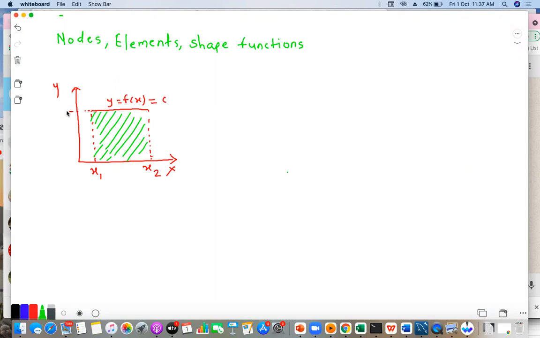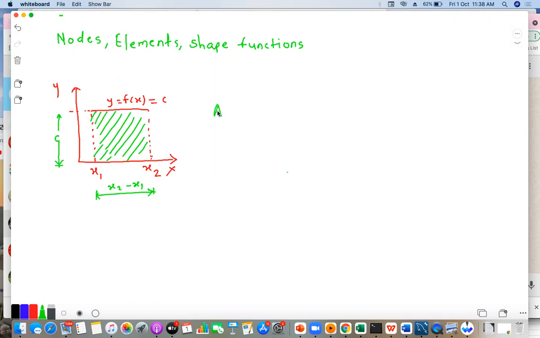It is a simple rectangle with height c and width x2 minus x1, right?